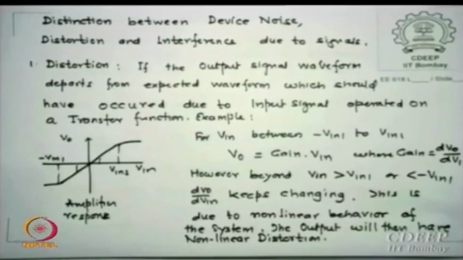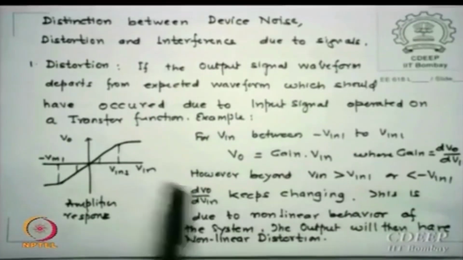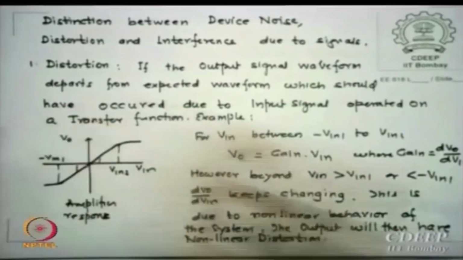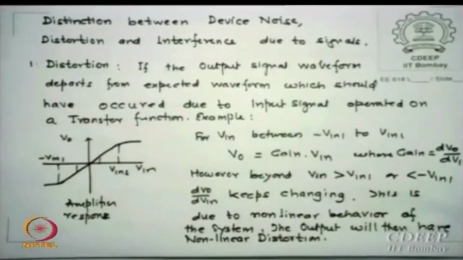However, if Vin exceeds Vin1 on either side, then the Vo-Vin characteristic does not remain linear. This essentially means you are entering a zone called the non-linearity zone. As soon as you enter it, dVo by dVin is a function of Vin.